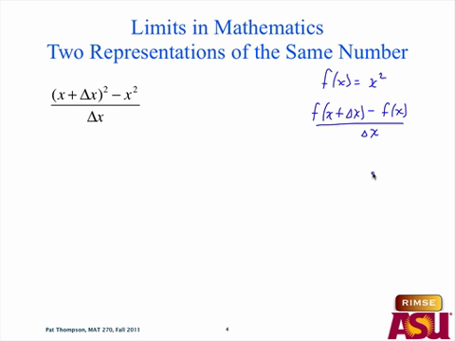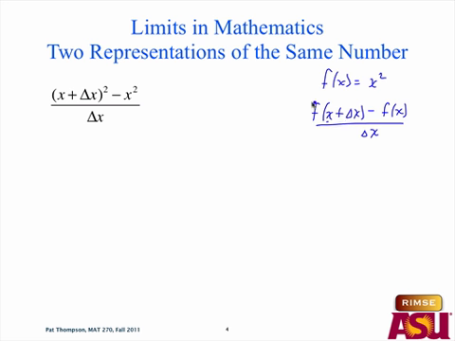No, this says take the input and do what to it? Square it. What's the input? X plus delta x. So what are we going to do? Find that change. Functions tell us what to do with the input. This function tells us to do what to the input? Square it. So what is our new input? X plus delta x.